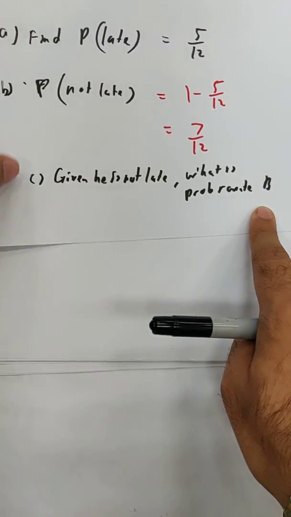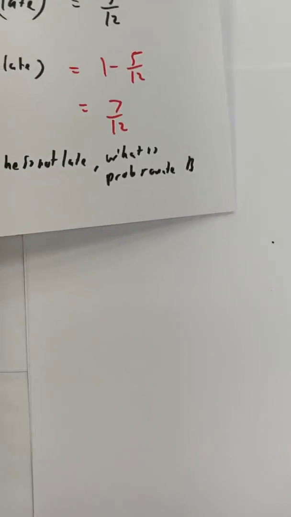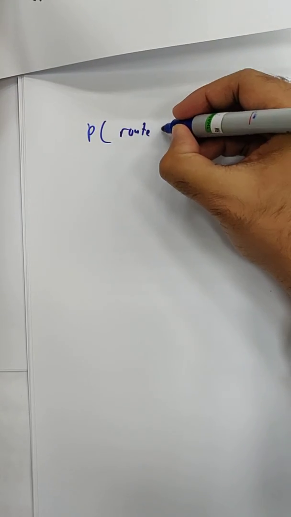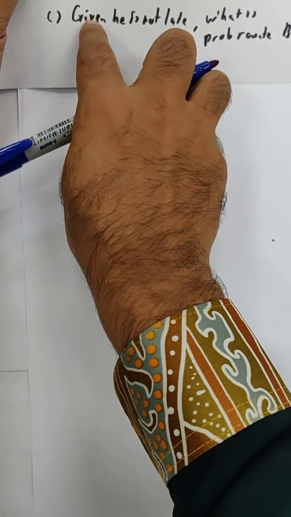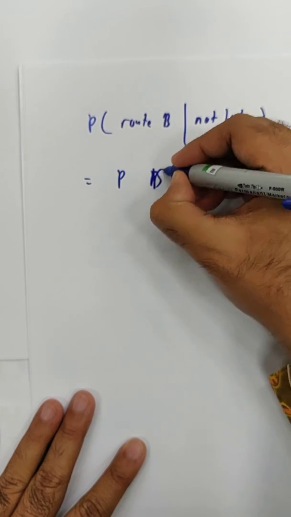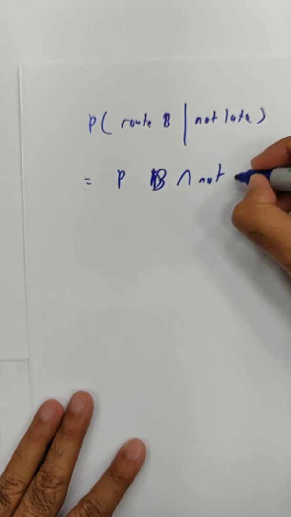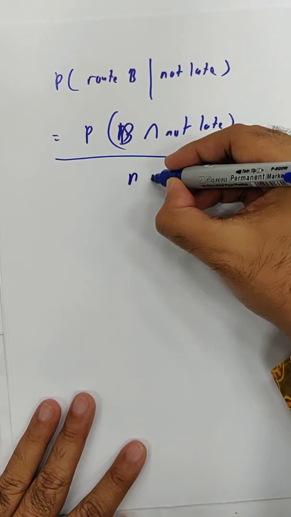How do I write things down? The correct answer will be the probability of route B given not late. Given is paired with this one. And then, of course, you need to decode this one: P(B intersect not late) over P(not late).